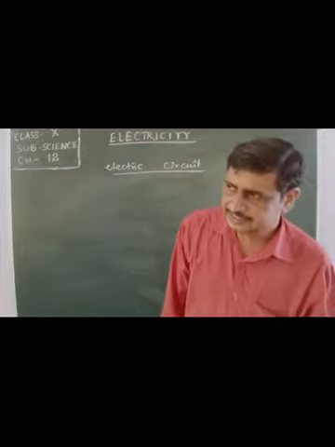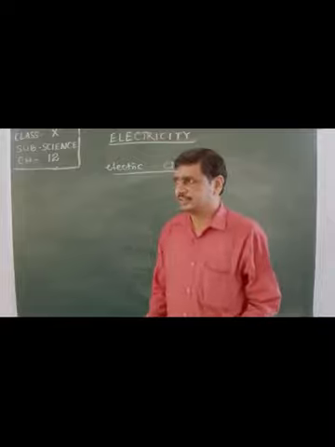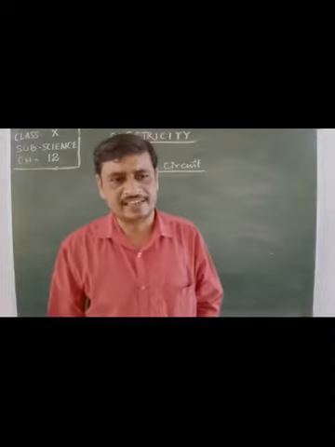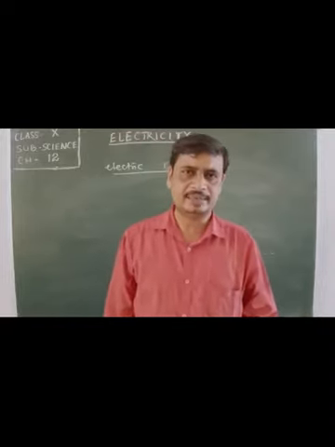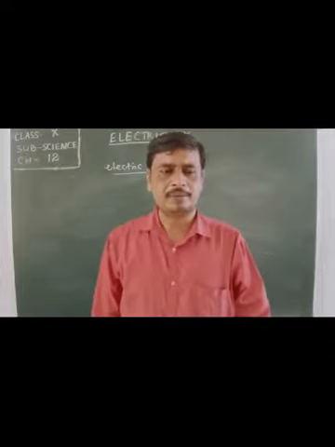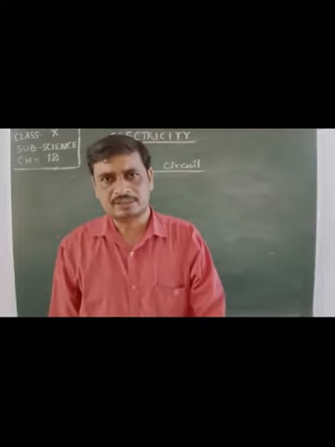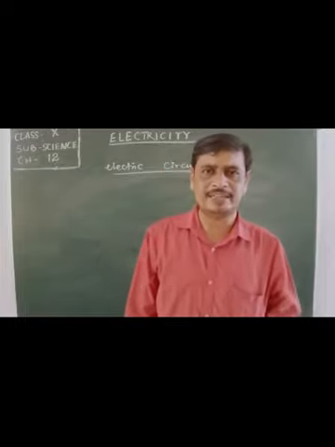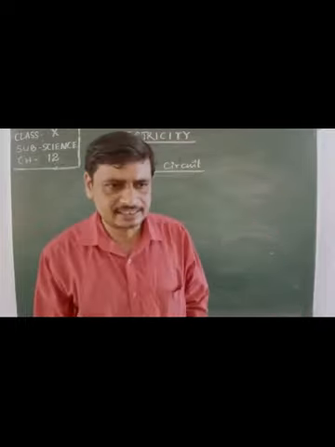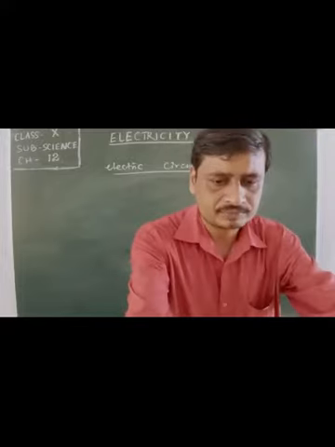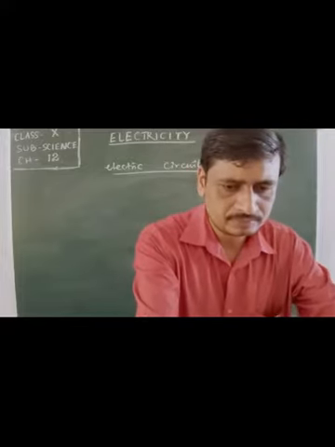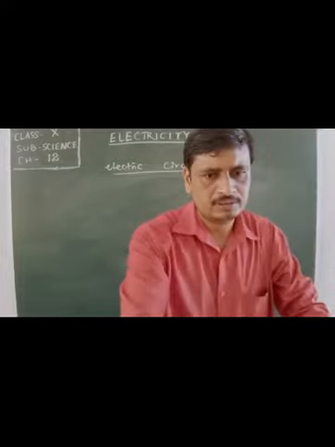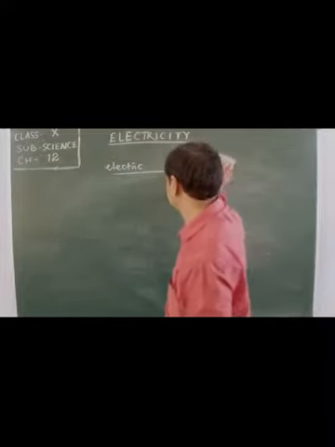This electric circuit can be represented with a diagram, called a circuit diagram. It is the shorthand representation of an electric circuit in terms of the symbols of the electrical components attached in the circuit. Next, we will discuss Ohm's law.